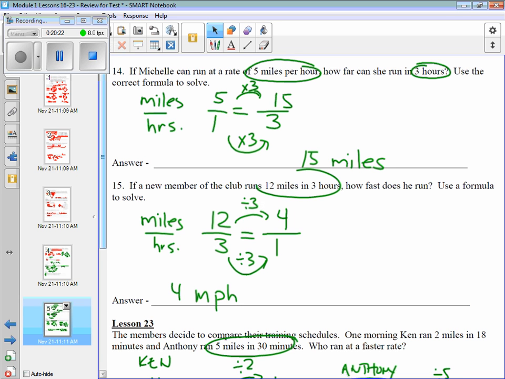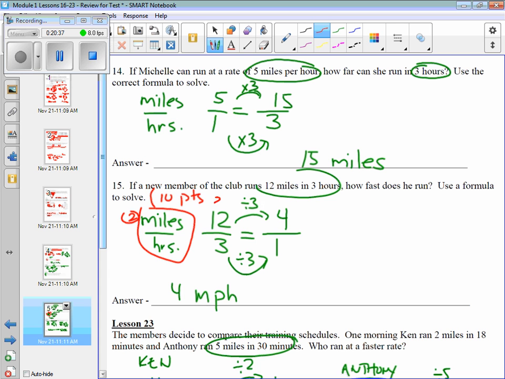Okay? Each part of that process is worth points. So if a question is worth 10 points, you get, for instance, if this was worth 10 points, you get 2 points for that. You get 2 points for this. You get 2 points for this. And then let's say you do the calculations correctly. Your math is correct. 2 points for the correct math. And let's say 2 points for a sentence.